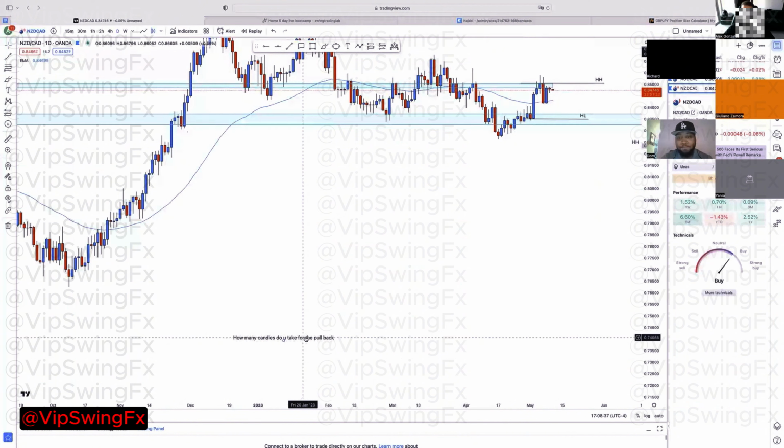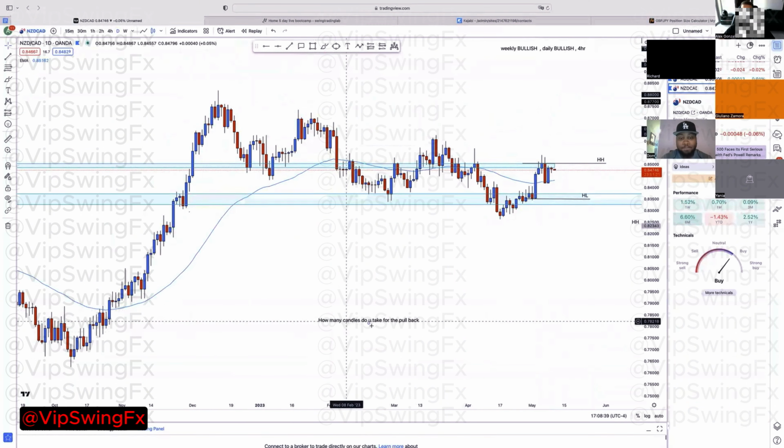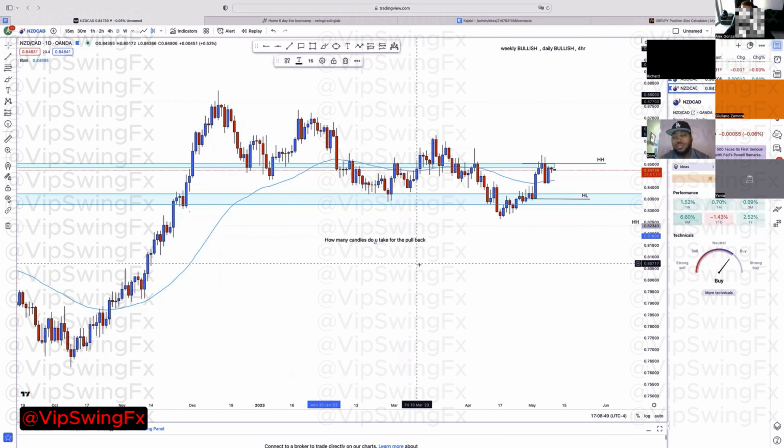Now I want to answer this question: how many candles do you take for a pullback? I get this question every single time, and there is no perfect answer, because every pullback is different. It's whatever looks like an elbow, literally like an elbow.